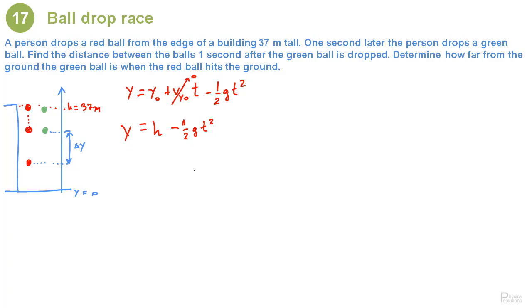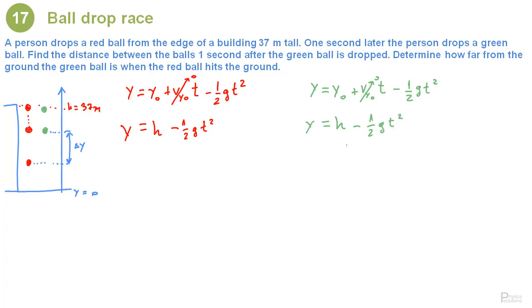We can repeat the same procedure for the other ball. Y is y0 plus vy0 t minus 1/2 gt squared. Once again, this ball was dropped, so this term is 0, and the initial height was h minus 1/2 gt squared.